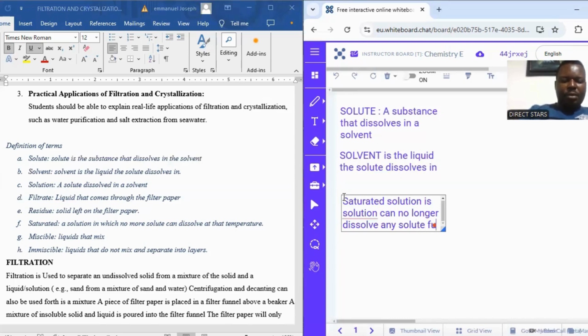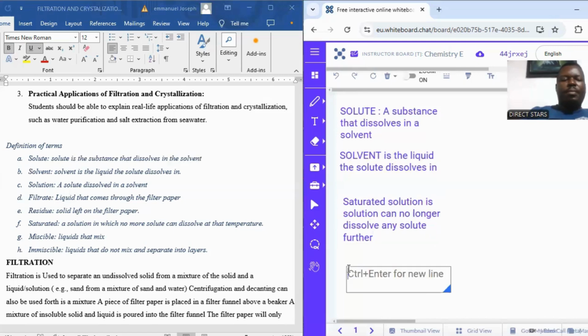You can demonstrate this by taking a small amount of water and adding plenty of salt to it. Keep on stirring. When the salt dissolves, you add a little more. Keep on adding until you get to a point where you start seeing crystals of the salt remaining undissolved in the water. At that point, that solution is said to be saturated. It means it can no longer take on more salt, can't dissolve more salt anymore.